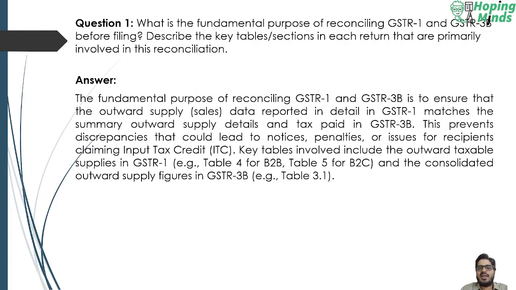Also, the nil rated and exempt supplies are to be reconciled from the GSTR 1 return. These are the sales data that get auto populated in the GSTR 3B return. So proper reconciliation is a must.